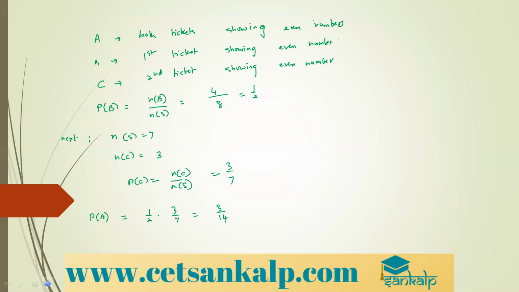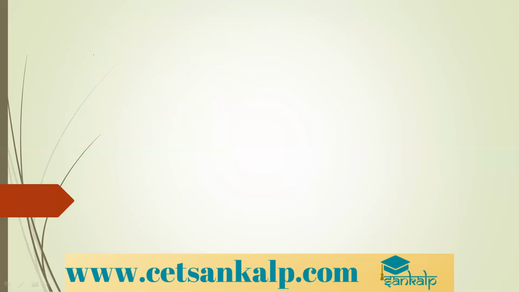This is how we have conditional probability. But there is definition of conditional probability. Probability of B given A is probability of A intersection B by probability of A. Probability of A given B. It's probability of A intersection B by probability of B.